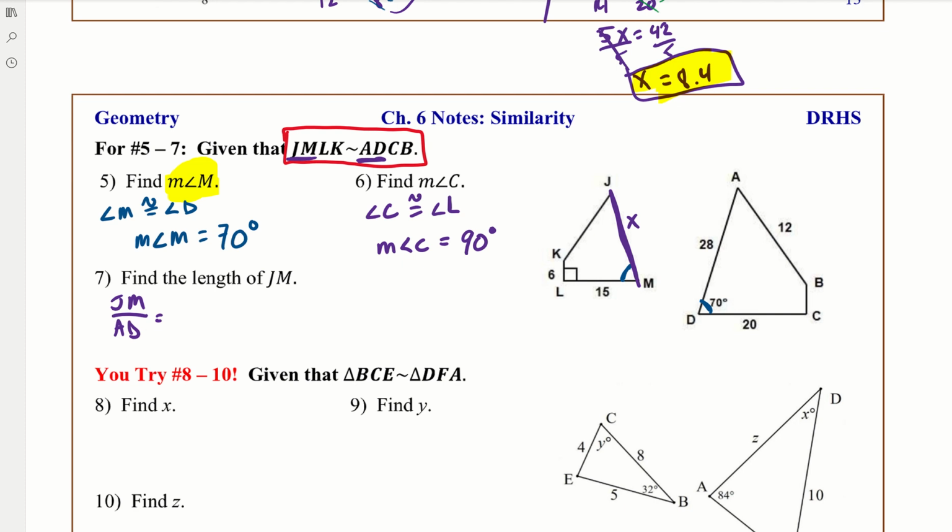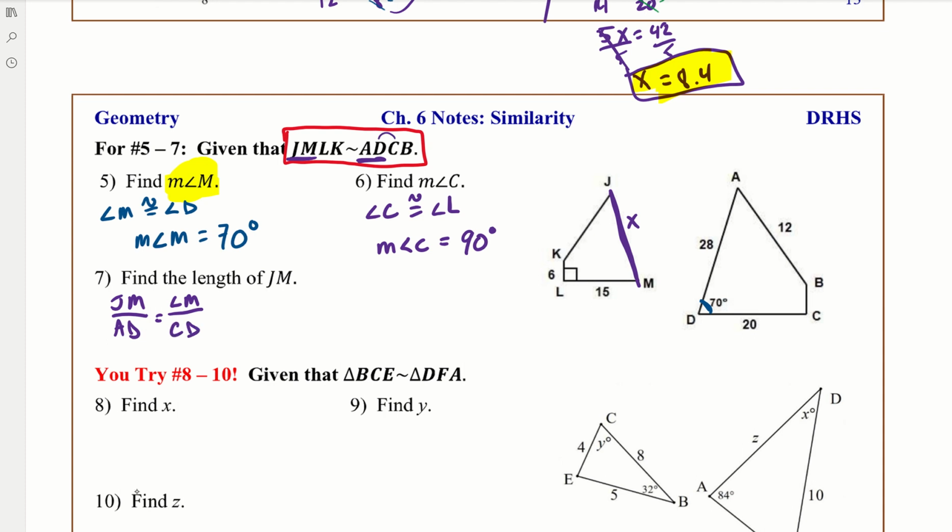Now I'm going to look over at the figure and see that I actually know LM. So I want to use that one because I wouldn't use JK, since I don't have information there. So I'm going to use maybe LM. Hopefully that one works out for me. LM is proportional to CD.